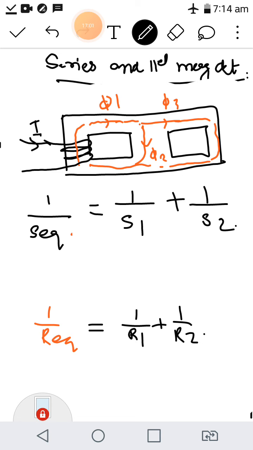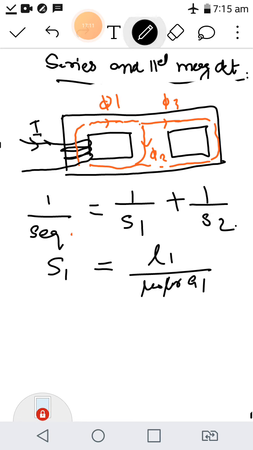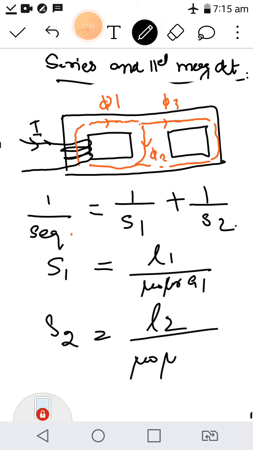S1 and S2 you know how to calculate. S1 is L1 divided by mu 0 mu r1 into A1, and S2 is equal to L2 divided by mu 0 into mu r2 into A2.